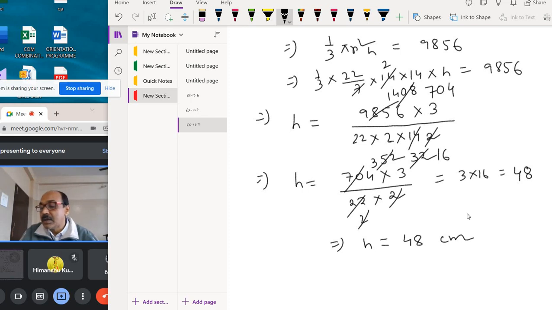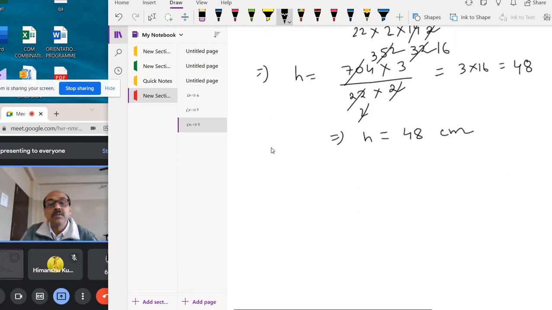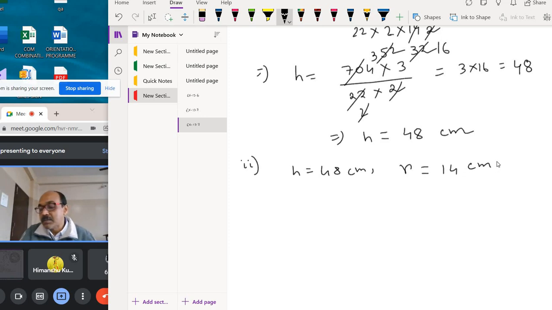Next, part 2, the slant height of the cone. So the height is equal to 48 centimeters and the radius is 14 centimeters. Okay. So the slant height you have to find. We know the relation is the Pythagoras theorem.